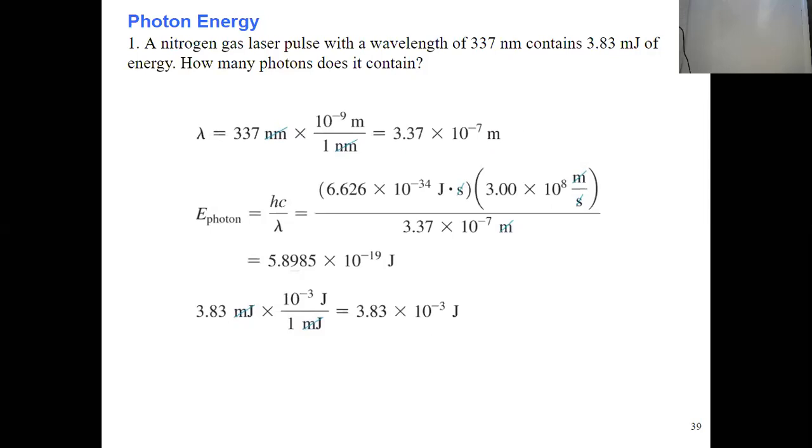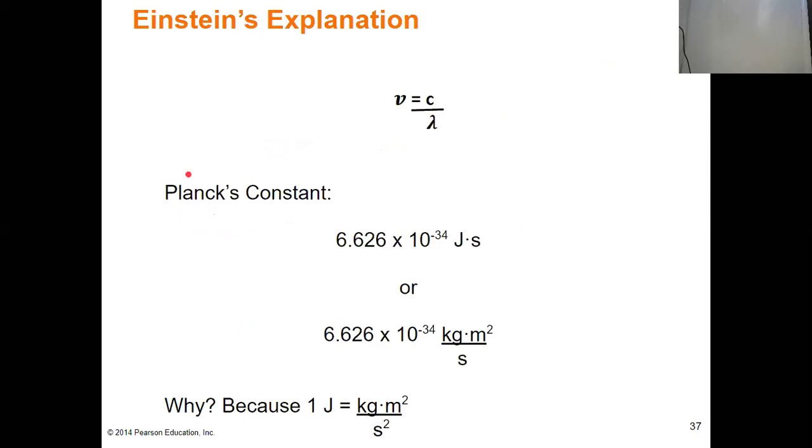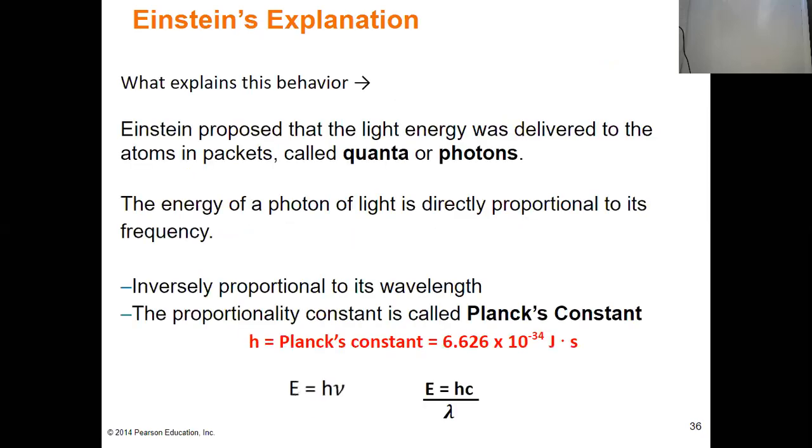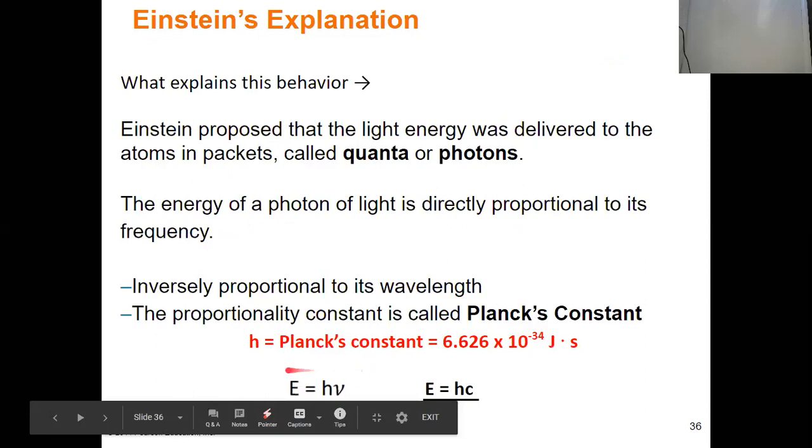The next thing is, it gave me an energy value in millijoules. So maybe a good plan of attack would be figuring out how much energy one photon of light would have at this particular wavelength. Because we should keep in mind that these two formulas give the energy of one photon of light.